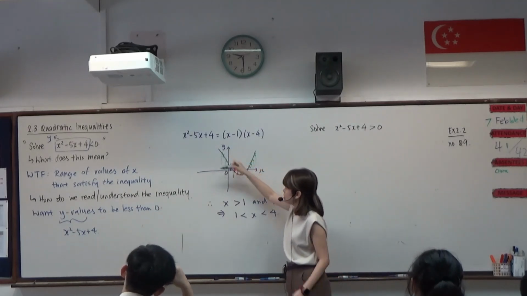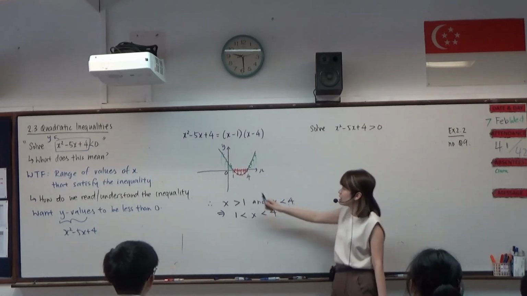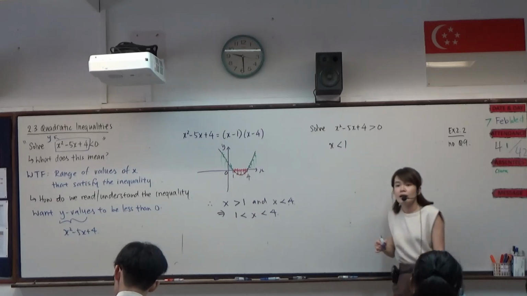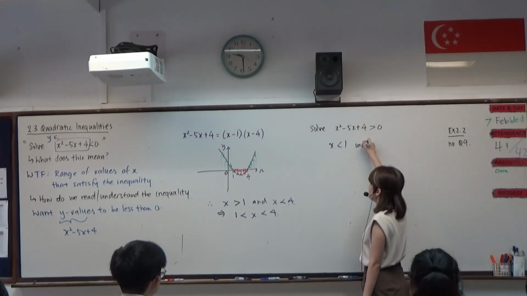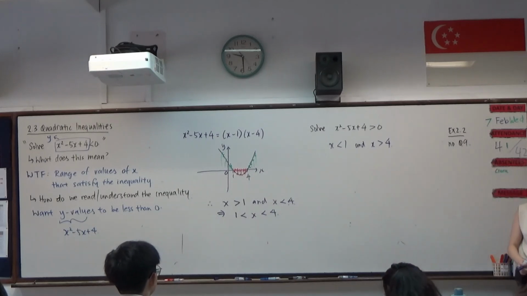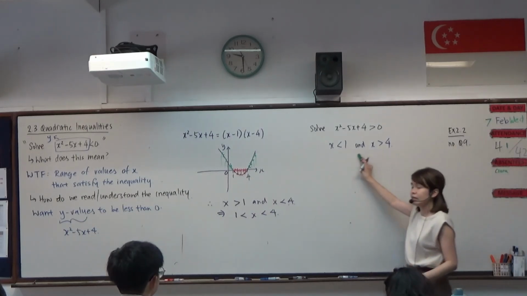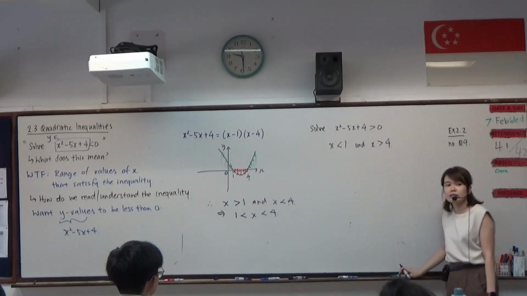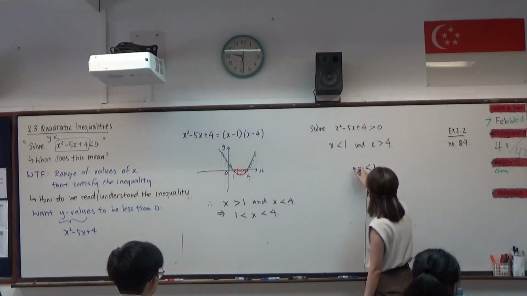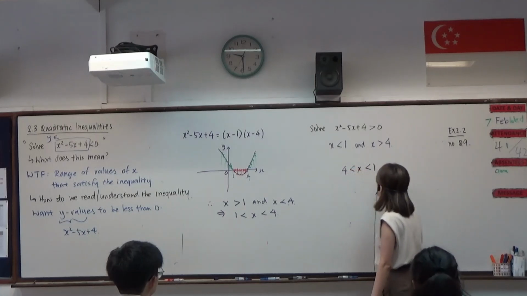We see that it is x values that are less than 1, and also x values that are greater than 4. But in this case, you cannot form a single inequality. If you write x less than 1 and then continue, this doesn't make sense.